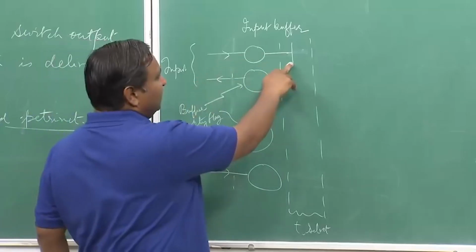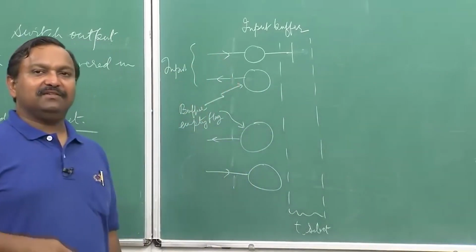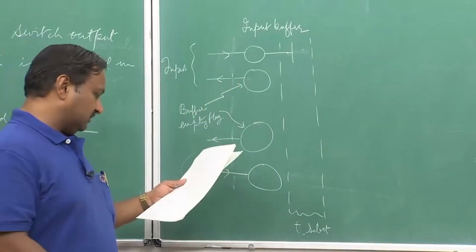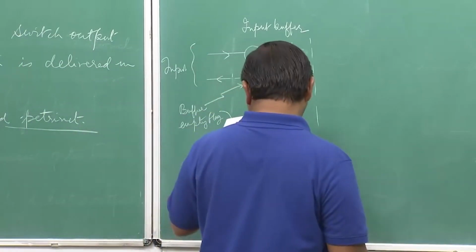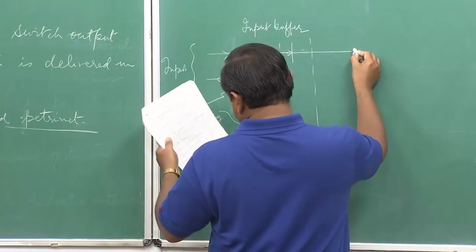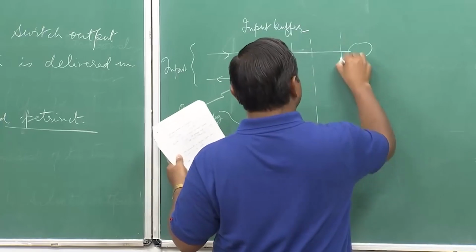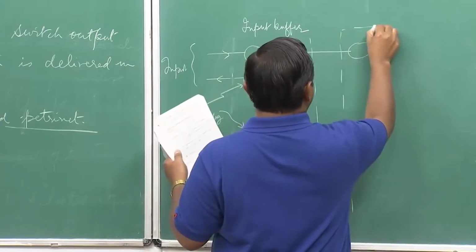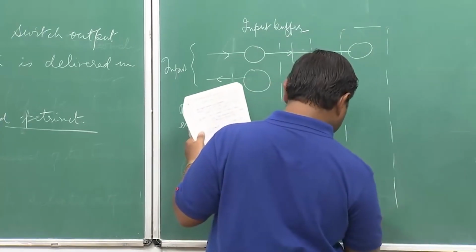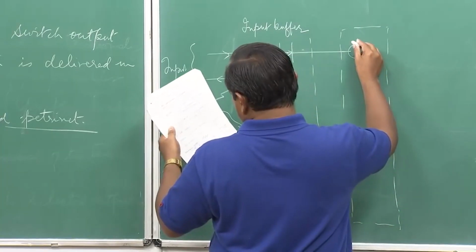If a packet is available, it will take some time t select before it can make a decision that I need to move the packet to the outgoing buffer. So, if this happens, then I will have what we call output request flags.